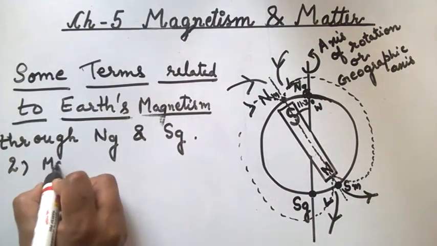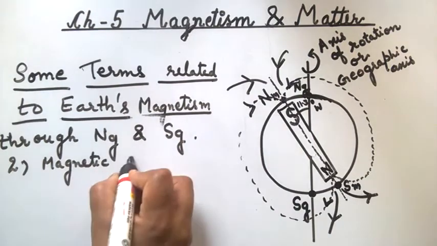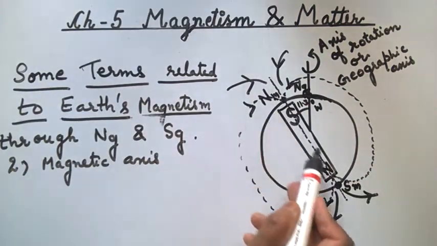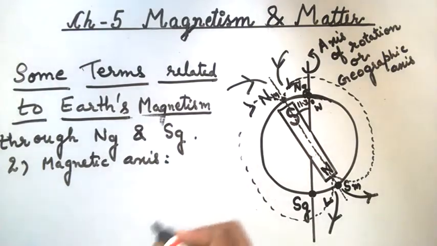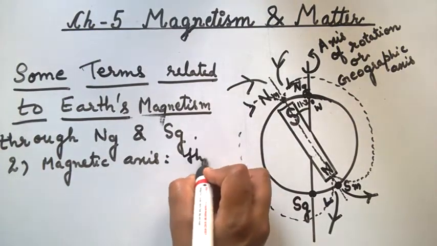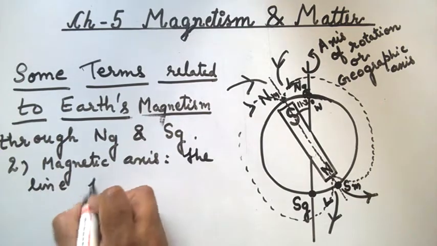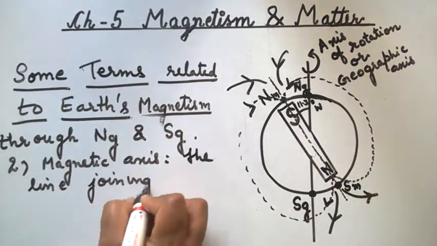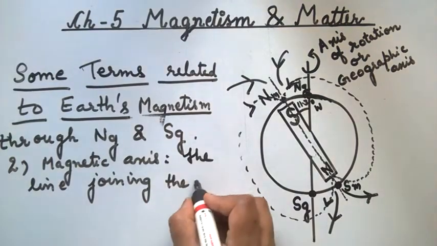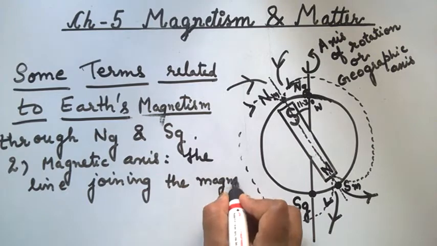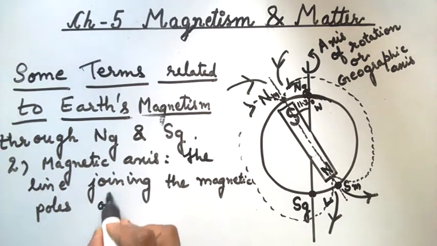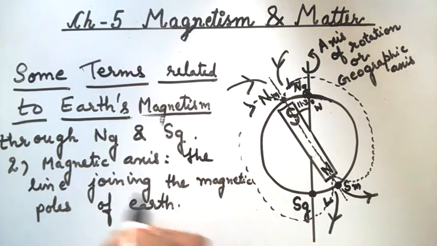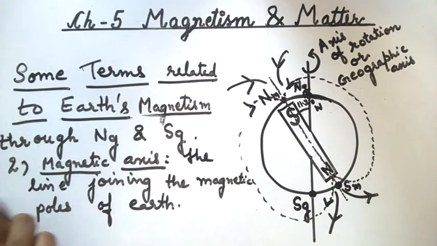Magnetic axis, it is the axis which is passing through a bar magnet, or the line joining the magnetic poles of Earth. Next is, what is magnetic equator?